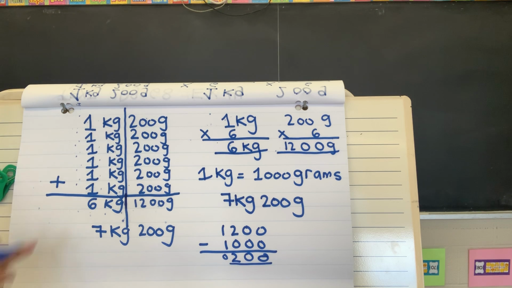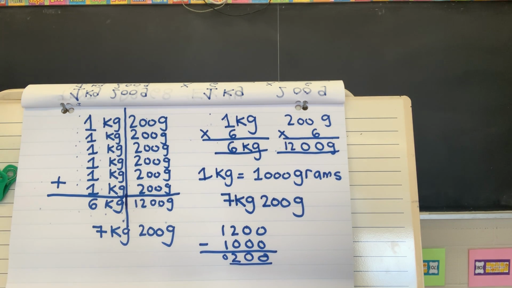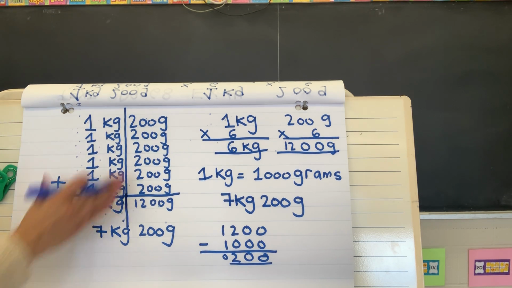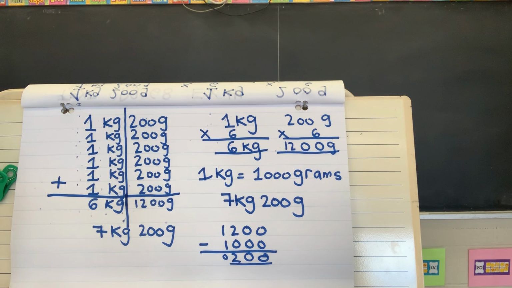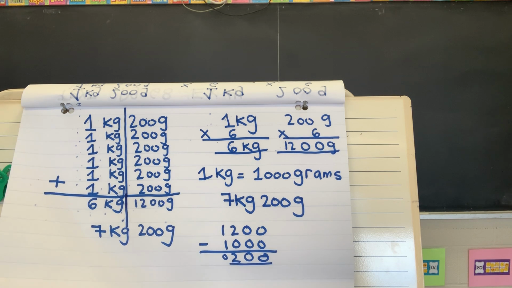That's how you can either add or you can multiply. Okay, so on page 68, that's what you need to do. In your word problems on page 69, again, you can either add or you can multiply your meters and your kilometers.